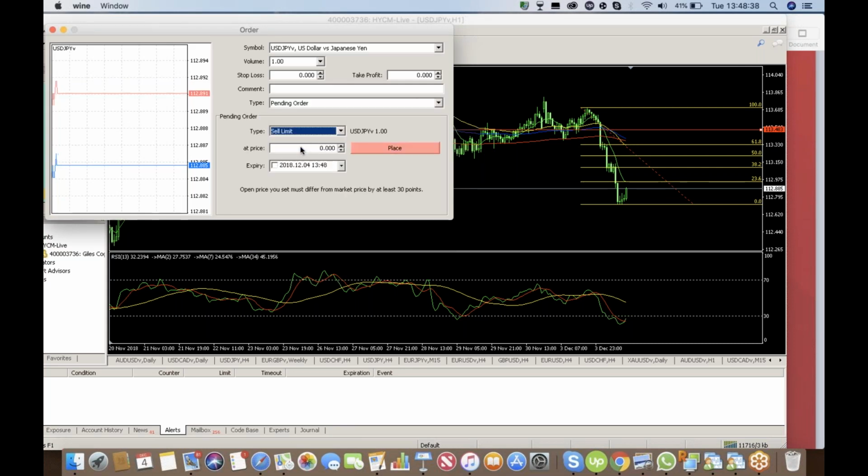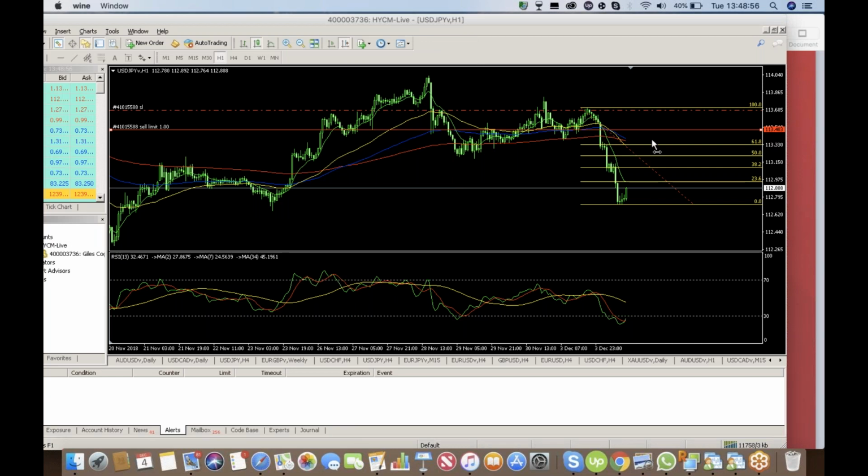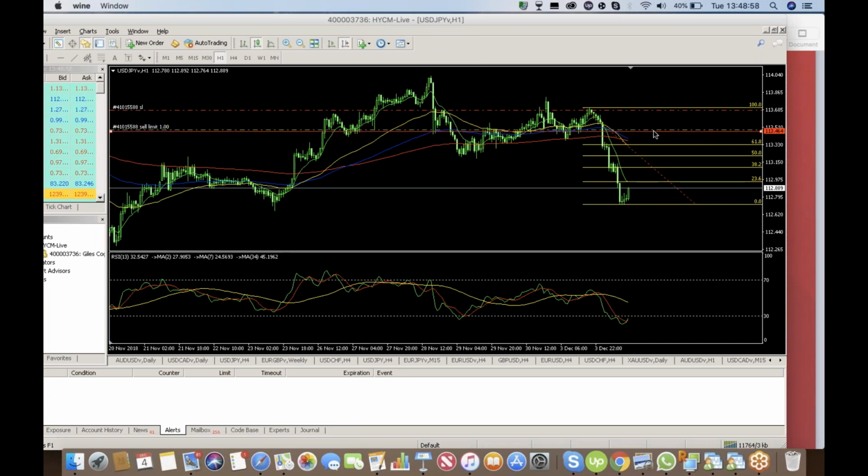I would sell limit 113. I think I just went just underneath that pivot point. I put my stop above the high, 113.68. I'll adjust that in a minute. So that's my entrance, and I put my stop just above there.